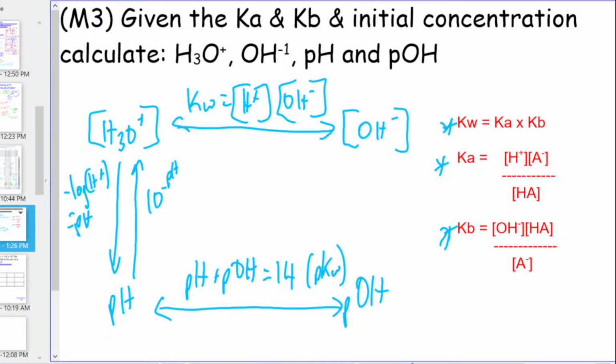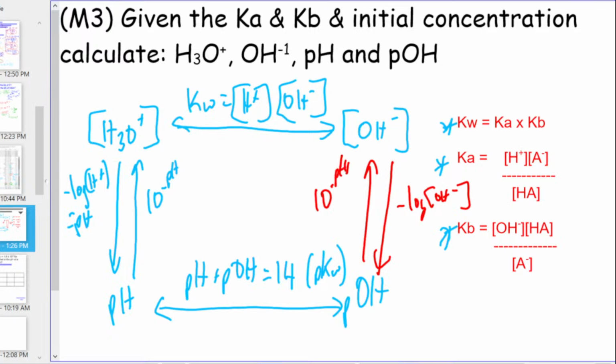And then you have a similar relationship going from here down, negative log concentration of OH minus, going up, 10 to the minus pOH. So don't forget, these are from the last unit. We're going to need all of them for this unit. And we've added in all of these, because now we have Ka and Kb. So we have Ka, Kb, pH and pOH. Because all of this was just ways to get pH and pOH and interchange between H plus and OH minus.